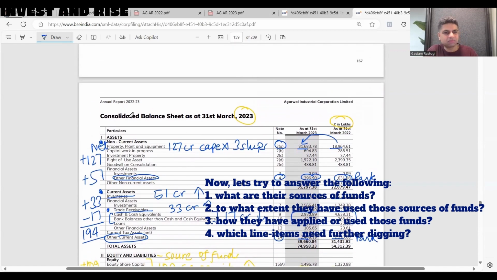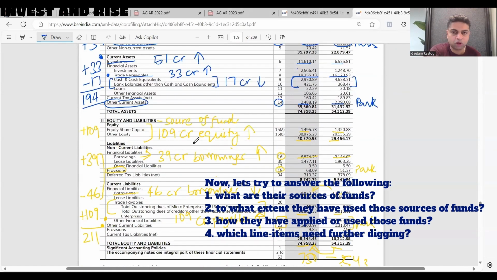Okay. So how do you conclude? How do you summarize what you just saw? See, we had like 4 questions that we needed answers to, right? So our sources of capital, what are sources of capital? Our sources of capital are their own internal accruals, that is their own profits, which is a very good sign. Two, the second source of the capital is payables, okay, which is not desirable all the time because they are withholding payments to the suppliers, but that's a very cheeky, sly thing that they have done.